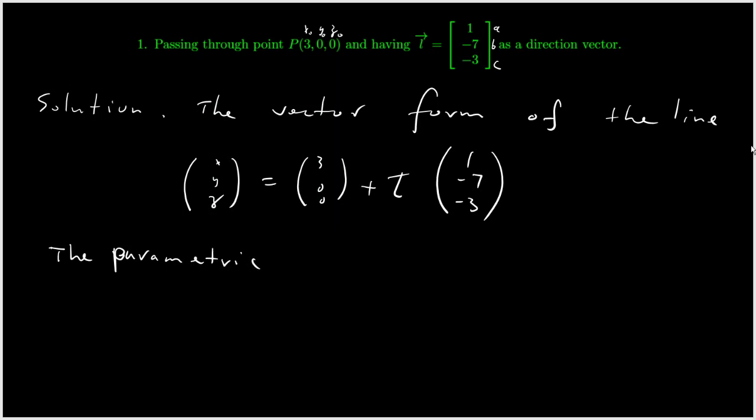An alternative way to say the parametric form is to say the parametric equations of the line. So there are three equations. So do not say the parametric equation. Say parametric equations of the line.